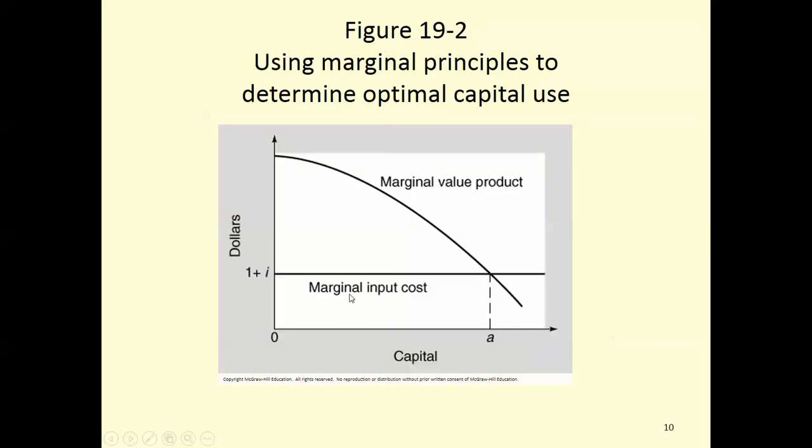We are going to determine where to invest money where marginal input cost equals marginal value product. In other words, where it can pay for itself. If we can continue to invest money and that investment repays itself, then we're going to make the investment.